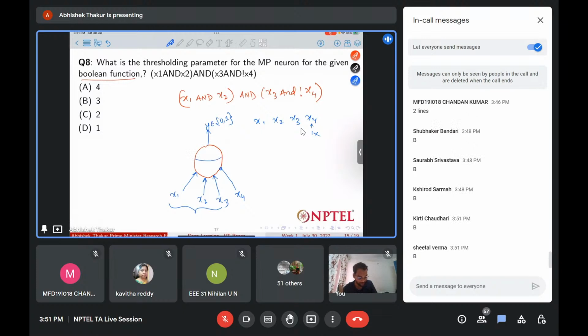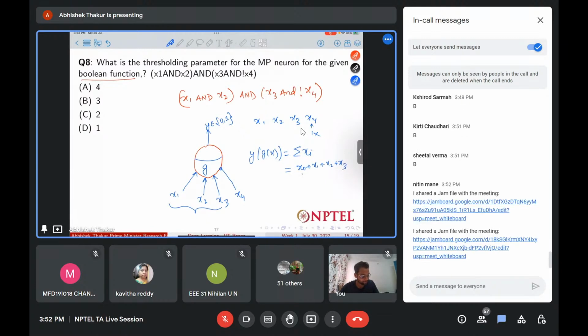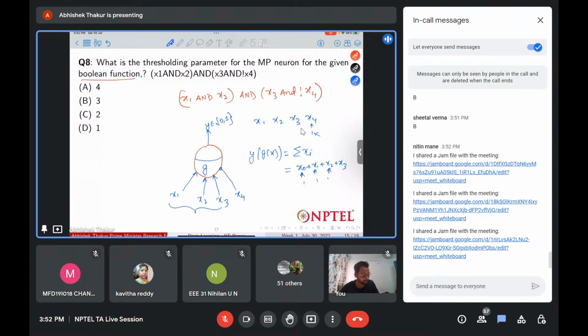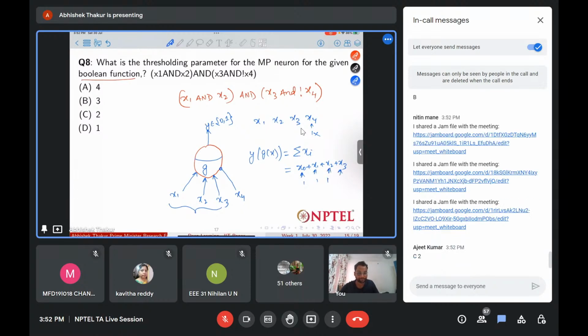When all three are 1, the output will be 1, because y of gx will be 1 when the summation of xi, that is x1 plus x2 plus x3, reaches the threshold. If x3 is 0, the AND gate will give the output 0. So the threshold will be 3 here. Okay.